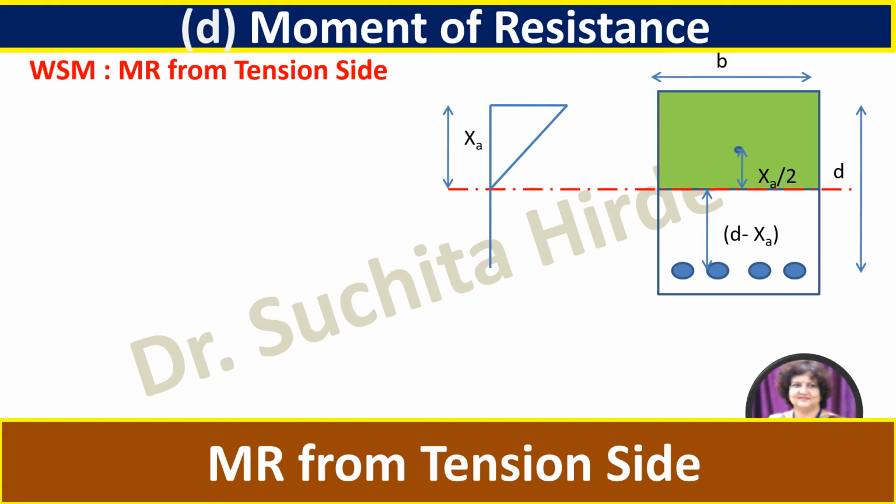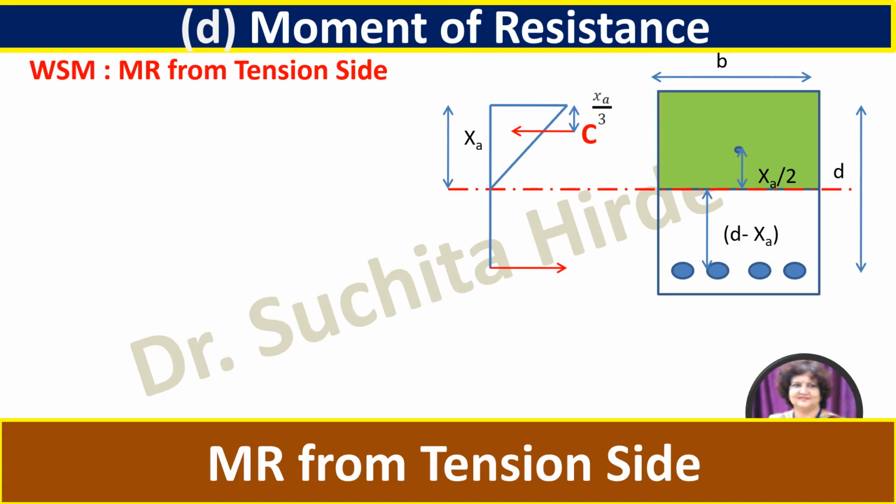Now here the depth of the neutral axis is XA, so the total compressive force C will act at the CG of this triangle, which is XA by 3.